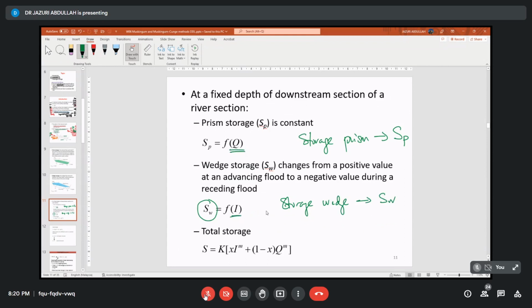Because you have to remember this is channel routing. As I mentioned, the storage is a function of the inflow and also the outflow. That is the reason why you will see here there is inflow and also outflow.